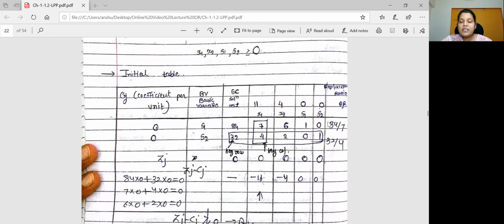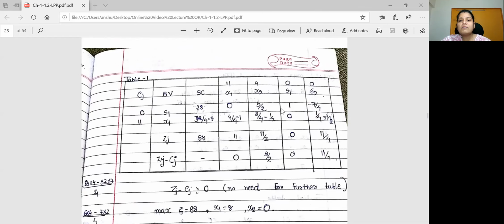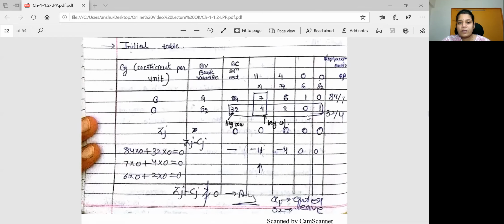Again we change the value of S1 in 1. So our key column is multiplied by 1. 4 into 1. So the determinant is 4 into 1 minus 7 into 0 divided by our key number. So the value is 1. Got it?